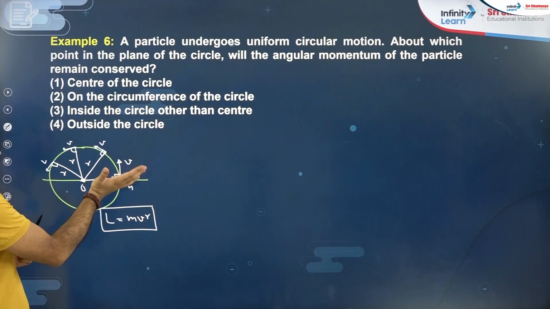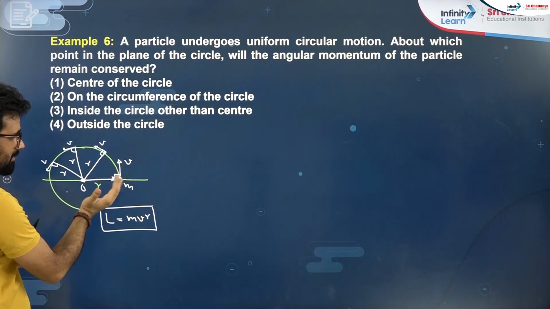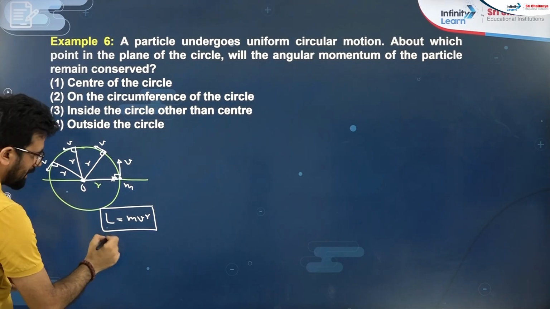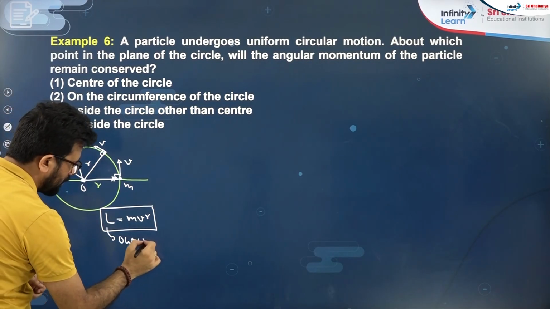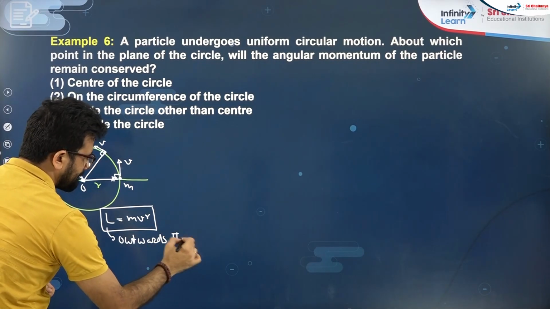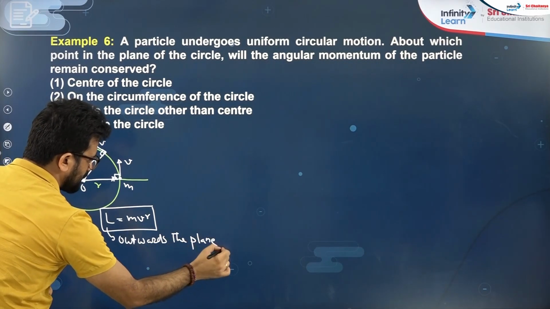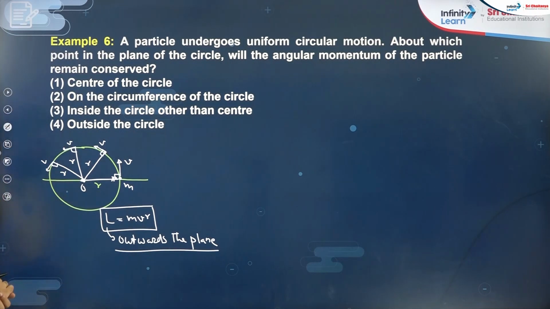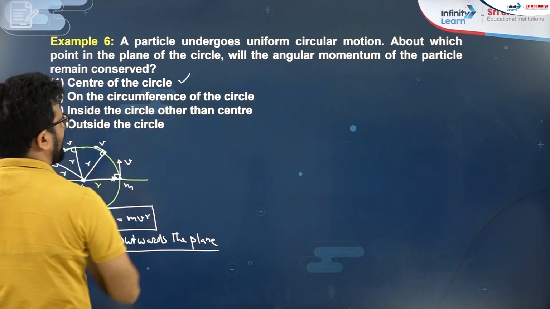So r cross v, by using the right hand thumb rule, you will find the angular momentum is outward from the plane. This is a very simple thing. So about the center it is constant, it is not going to change. So I can say this first part is correct.